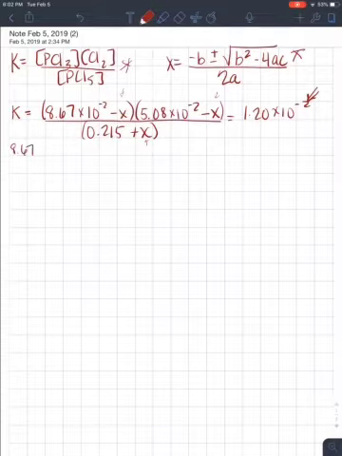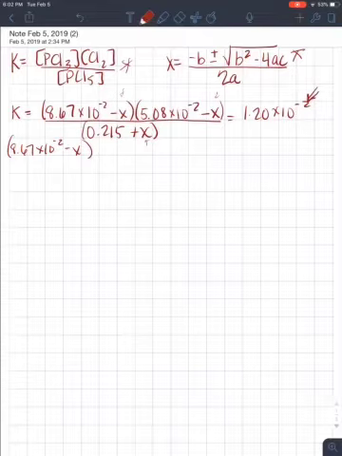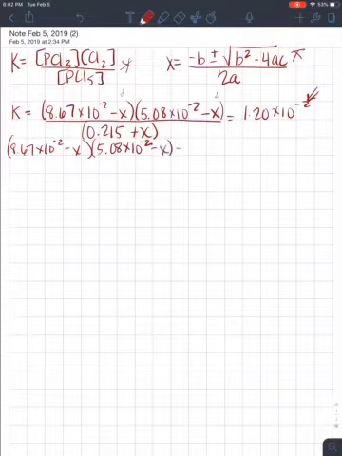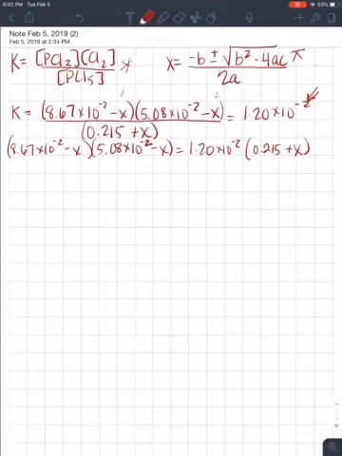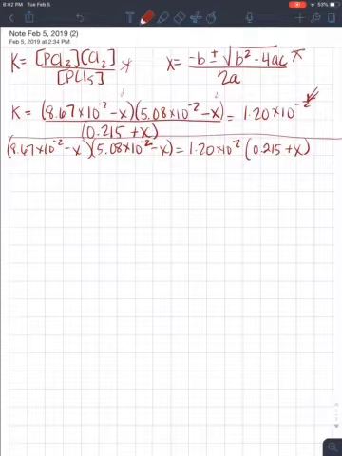And really all I'm doing in this step is rewriting things. My numerator, at least for now, is going to remain unchanged. And I'm going to set this whole thing equal to 1.20 times 10 to the minus 2 times this guy, because when I multiply by both sides, it's going to cancel out of the bottom. This is its own step, so I'll just put a line there.